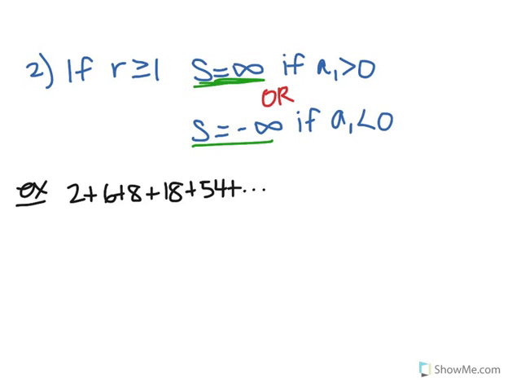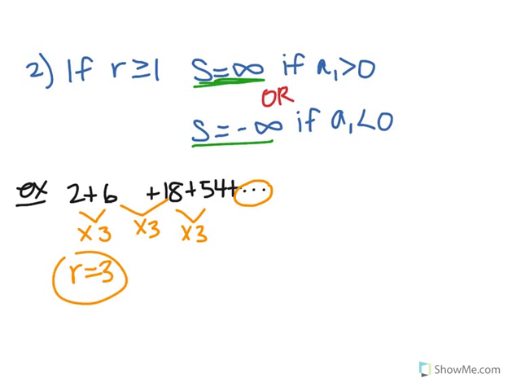So here's an infinite geometric series, infinite from the dot, dot, dot, and geometric because I'm multiplying by 3. I had put an 8 in there, which wasn't supposed to be there. When I multiply 6 by 3, I get 18, and then 18 by 3, I get 54. So this is geometric where r is equal to 3, which is bigger than or equal to 1.